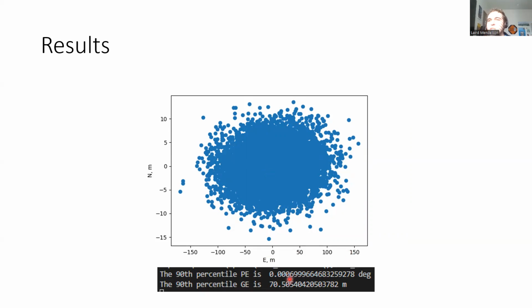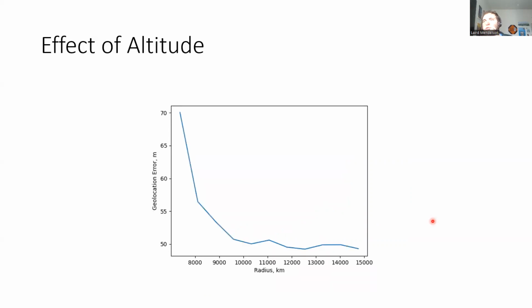Our pointing error is very, very, very small, but because we're hundreds of kilometers away, that still corresponds to a 90th percentile geolocation error of 70 degrees. This actually goes down as we increase in altitude. So when we run this at higher and higher altitudes, we see that we actually lose a lot of that high geolocation error, although it does level out around 50 meters.